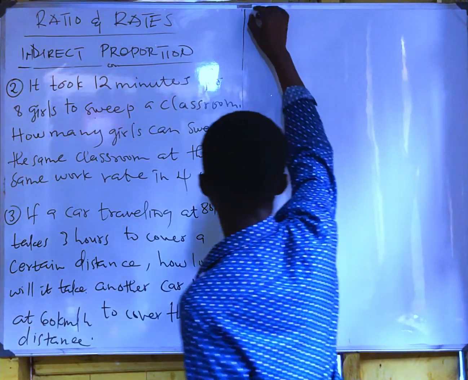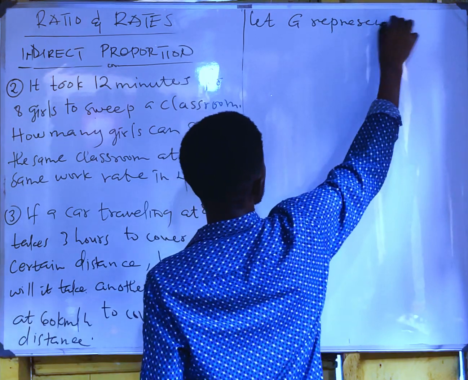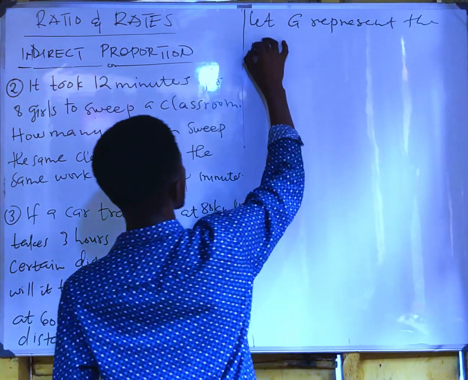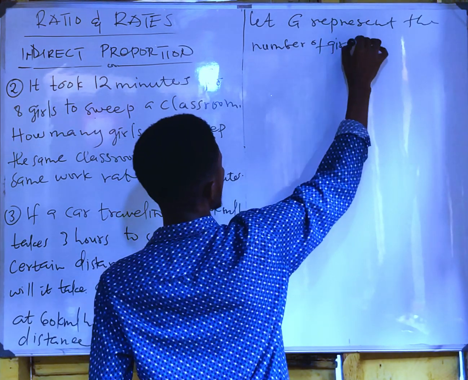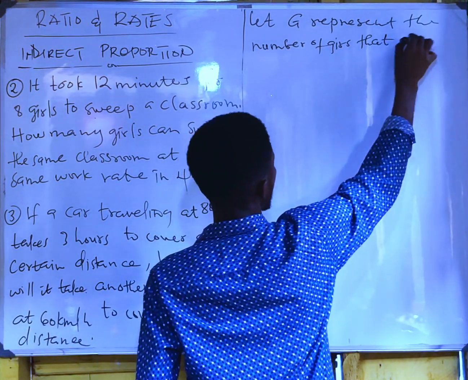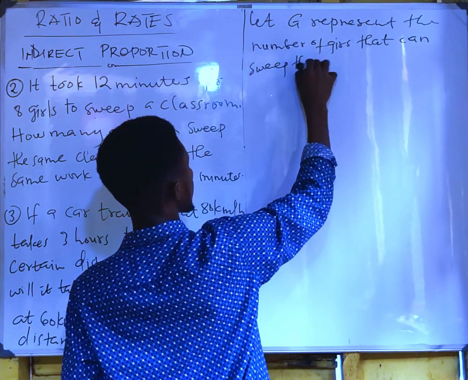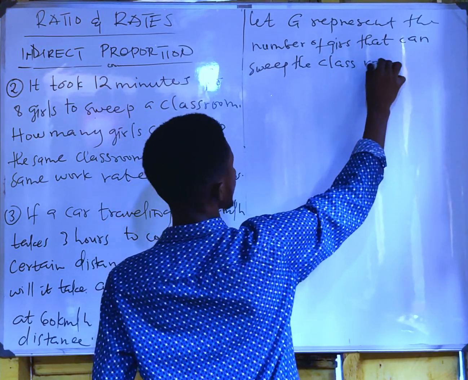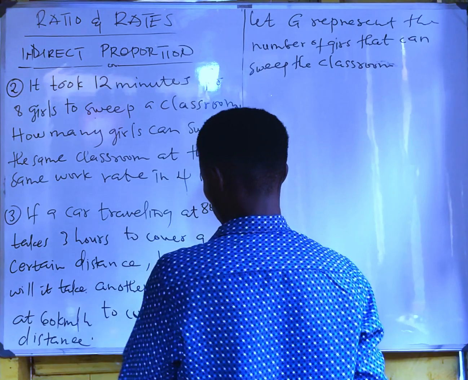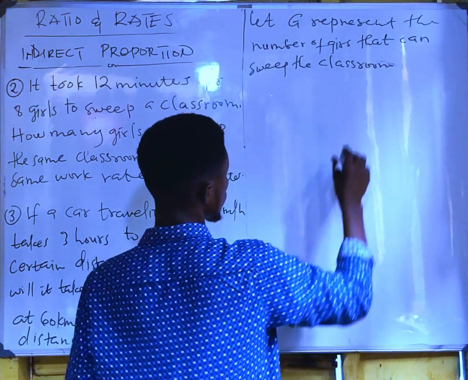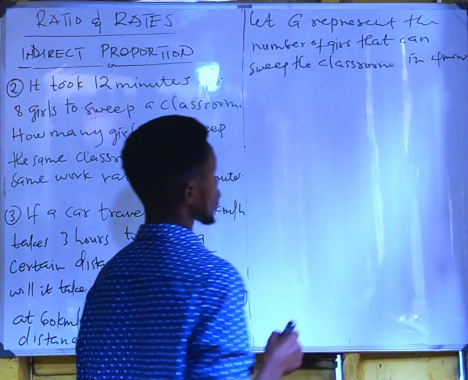So we let J represent the number of girls that can sweep the same classroom in 4 minutes. Is that okay?